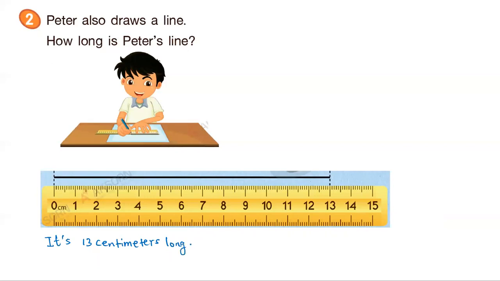If you don't want to say 13 centimeters, you can say 13 cm. When you say 13 cm and 13 centimeters, it is the same because cm is the abbreviation of centimeter.